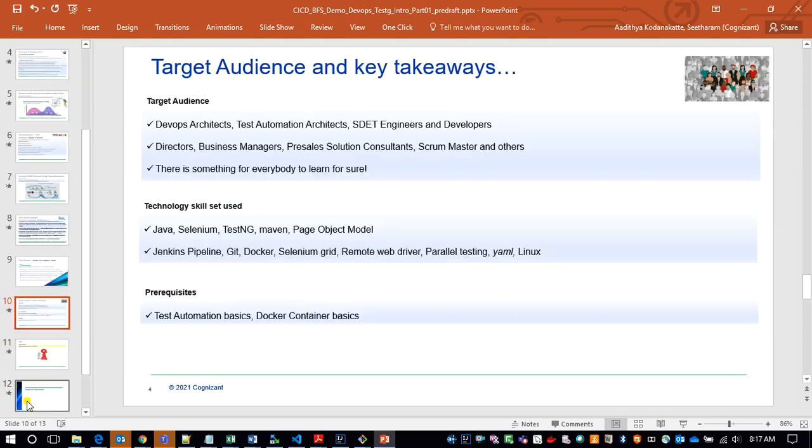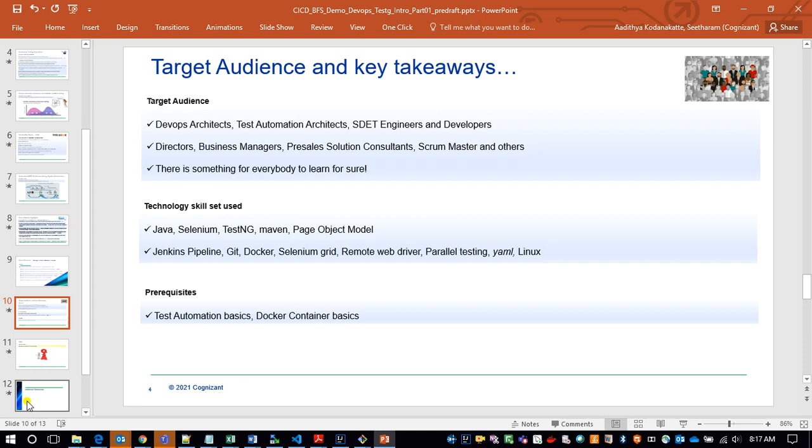And target audience and key takeaways. This is for DevOps architects, test automation architects, SDET engineers, developers mainly. And even suppose I am a director, a business manager, a pre-sales solution consultant, a scrum master, still you will learn something. There is something for everybody to learn for sure.